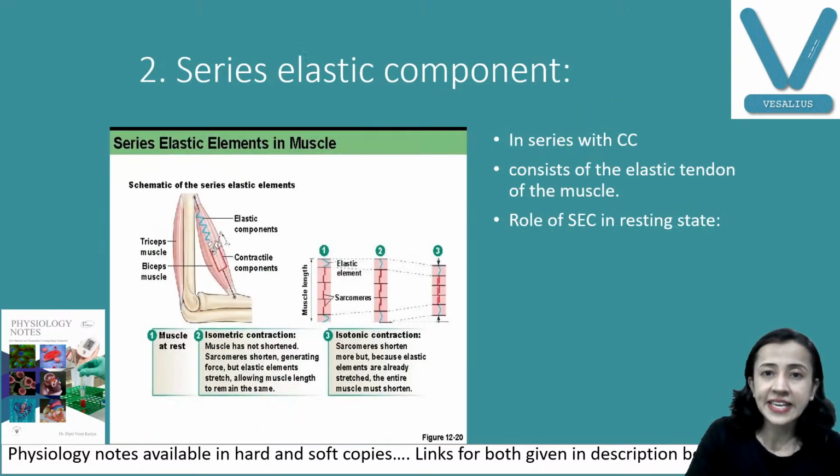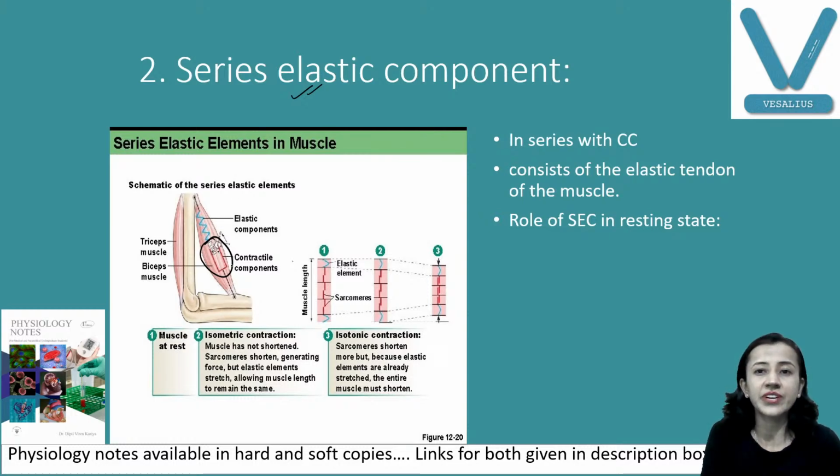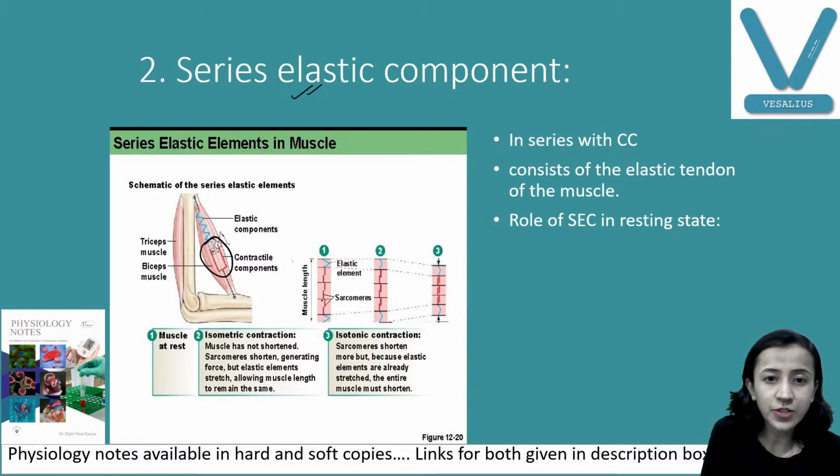Second is series elastic components. The name itself suggests it. You can see here, these are your contractile components. The components which are present in series with these contractile components are your series elastic components. You can see here this is your sarcomere, with actin and myosin filaments, which are the contractile components.